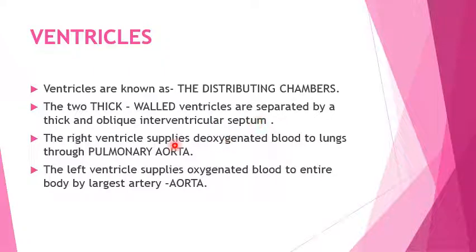The right ventricle supplies deoxygenated blood to the pulmonary artery, and the left ventricle supplies the oxygenated blood to the entire body by the largest artery, that is the aorta. So you have to remember the largest veins are the superior and inferior vena cava and the largest artery is the aorta.